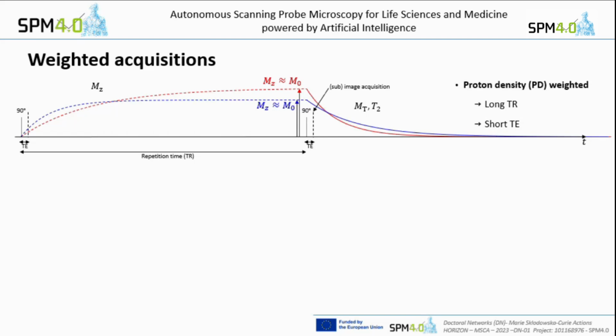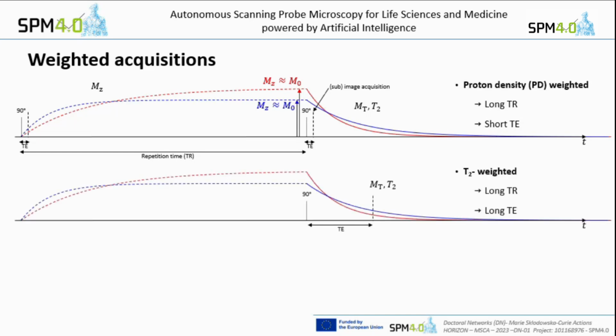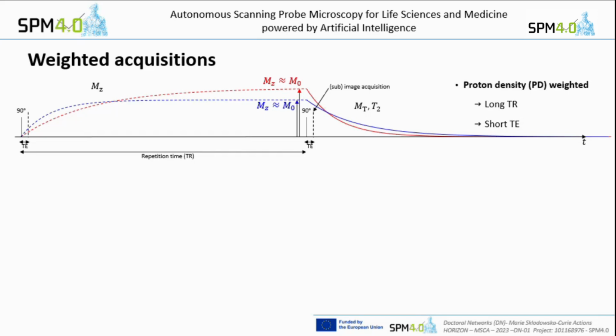So it's still affected a little bit by T2, by the relaxation of the solid line, but not so much. Therefore, it's proton density weighted, which is similar to M0. Okay, this is the first image contrast. Are there any questions on this? Because we need it for the next two.